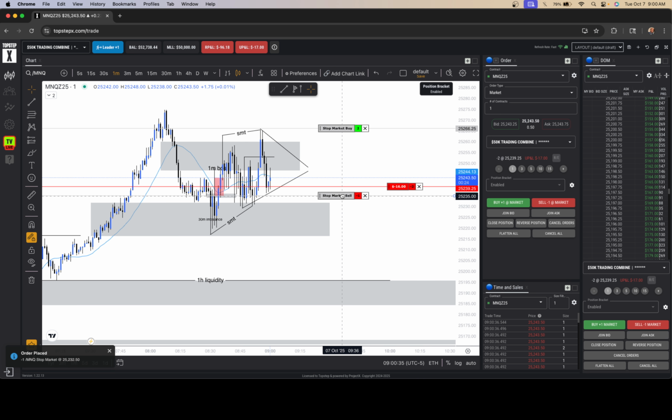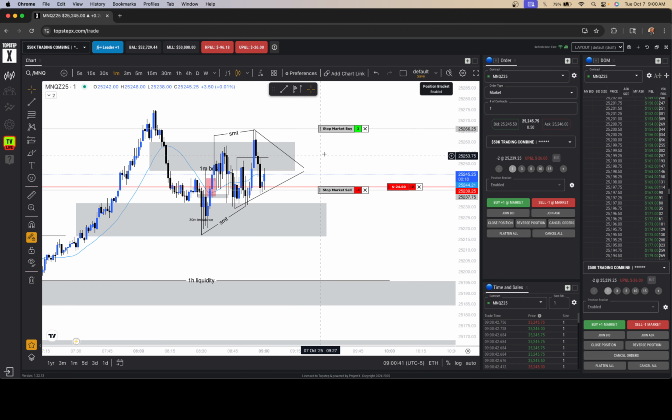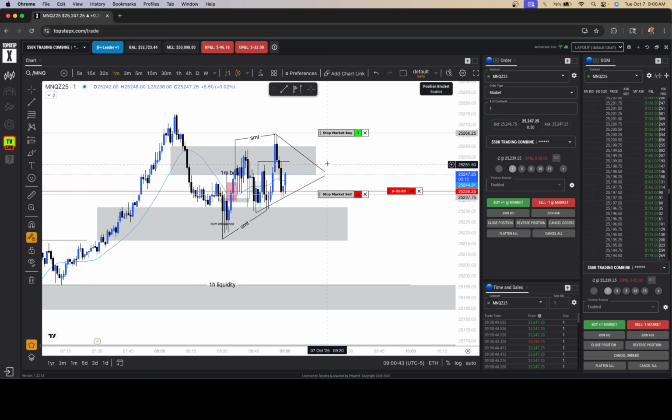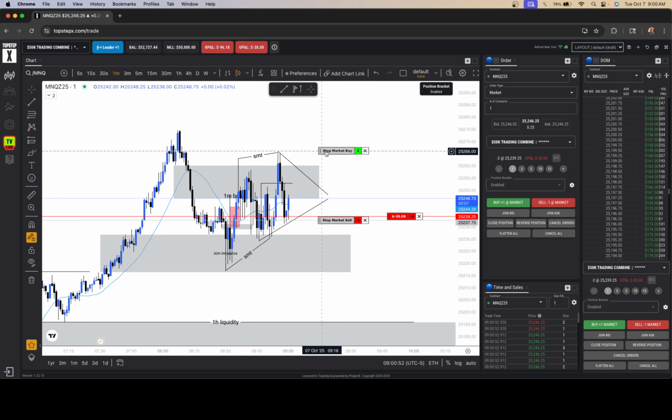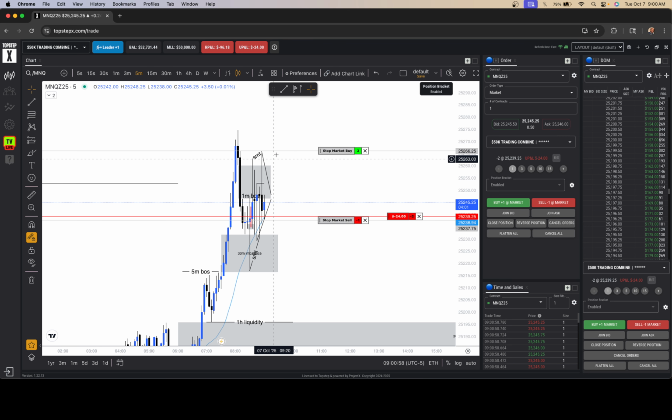I'm going to go ahead and put this right here. And if we push through it, then I'll be in one more contract and the stop loss will be around right here. Now the question is, do I want to keep my stop loss right there or put it a smidge higher? 5 minute. Boom, boom.